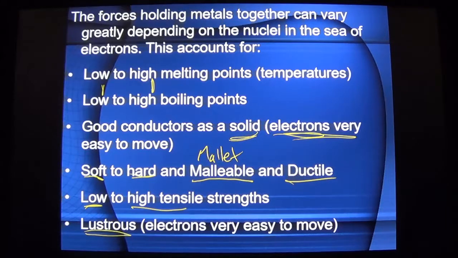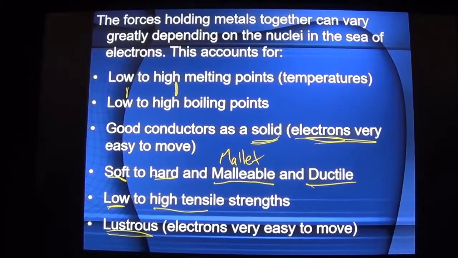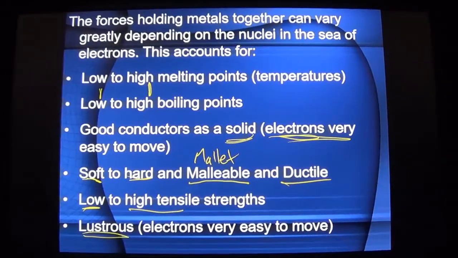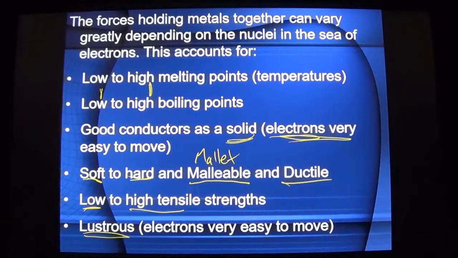It is just that particular location in the periodic table has just the right electron arrangements for the color to be different. So very shiny because lots of electrons that are very easy to move and can reflect. It'll absorb light and then re-emit it back into your eyes, and we see that as a shine to the metal.